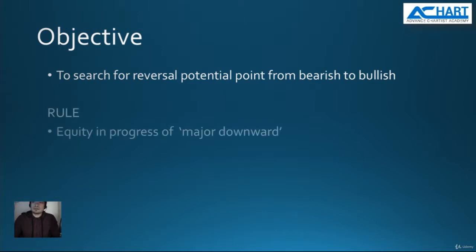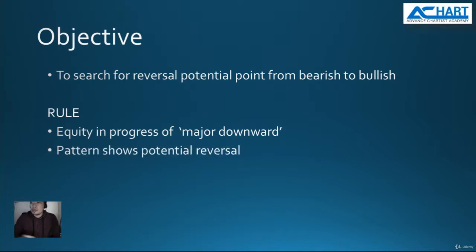And our rule for this bottom reversal pattern is that the equity must be in a major downtrend, and we are looking for any signs of seller weakness in the market that enable us to get an entry into the position when we see an opportunity.